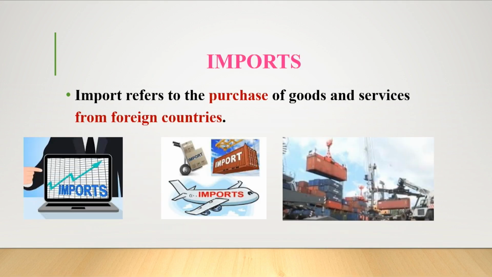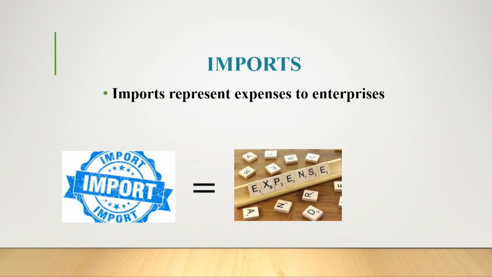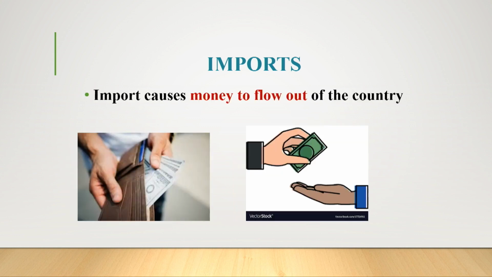Let's now move on to imports. What is import? Import refers to the purchase of goods and services from foreign countries. It represents expenses to enterprises. Import causes money to flow out of the country.